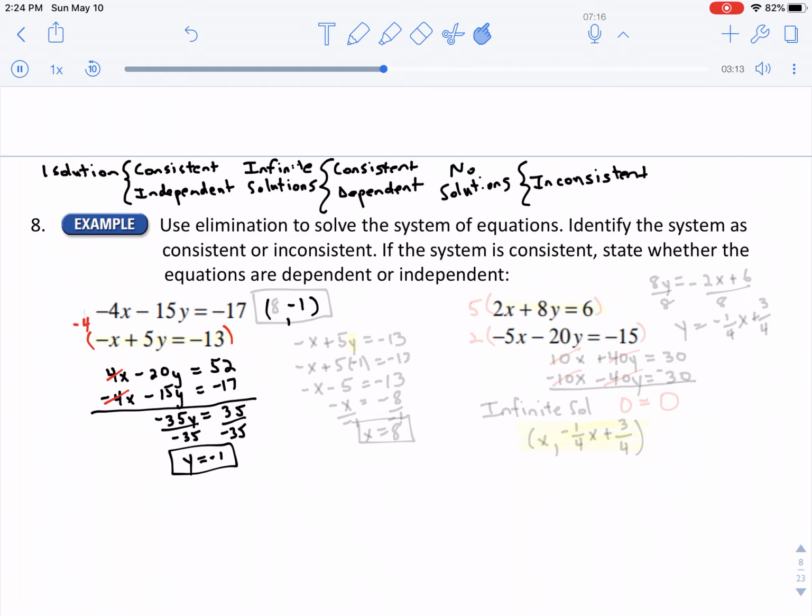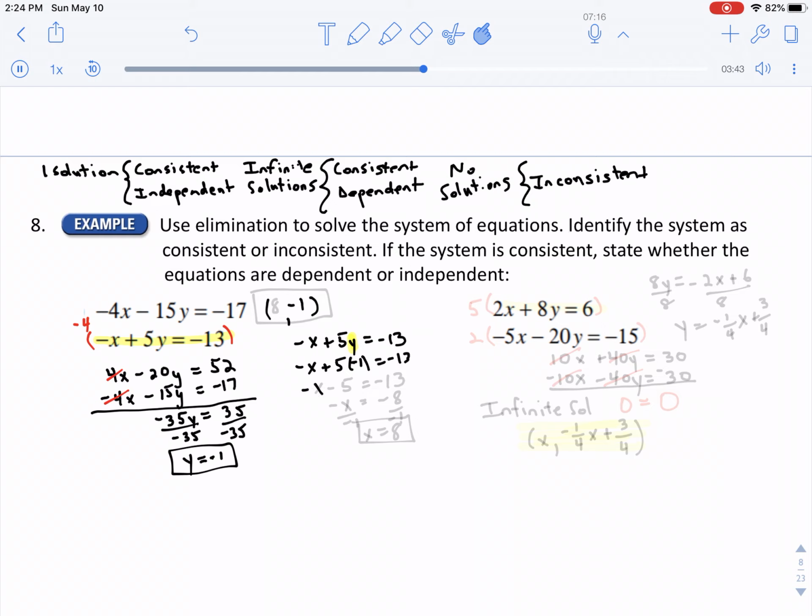So to find the x value, I go back to one of the two original equations. It doesn't matter which one. I'm going to take the second one, and I'm going to rewrite it. So the opposite of x plus 5y equals a -13, but I know the y now, so I'm going to take that y out and I'm going to replace it with a -1. So I get a -x plus 5 times a -1 equals a -13.